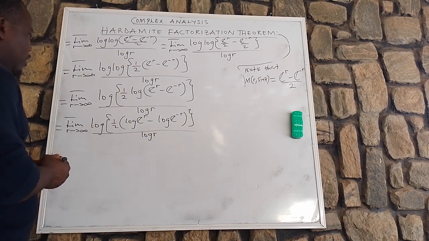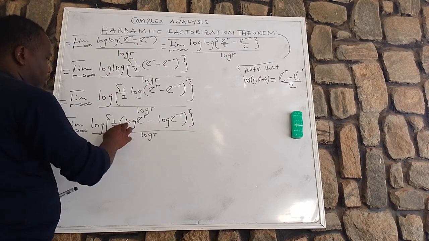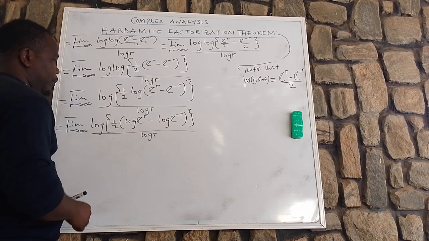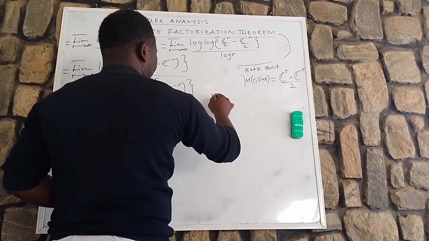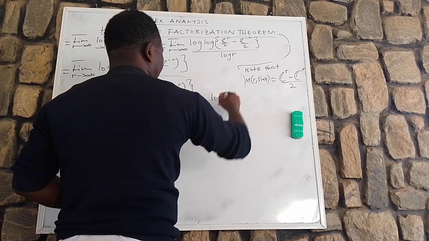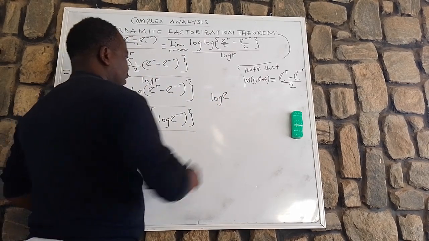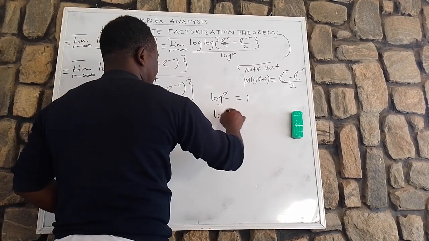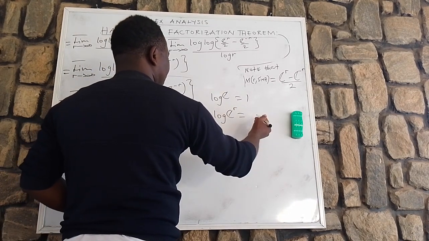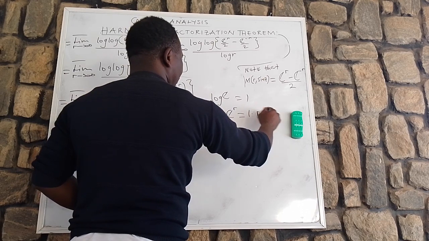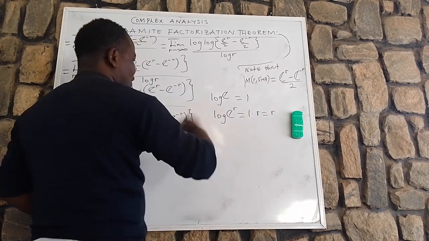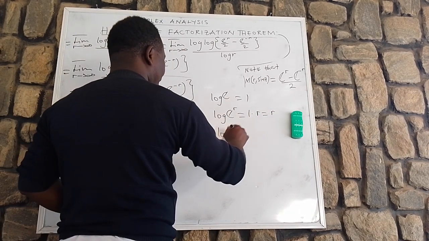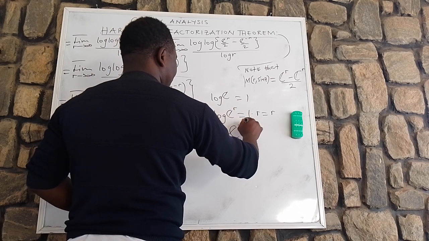Here we are going to use elementary algebra. You know that log e is the same thing as 1, true or false? But what if we have log e^R? This will be equal to 1 times R, which is R. Then what if we have log of e^(-R)?